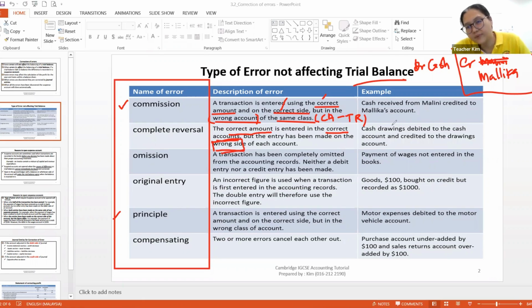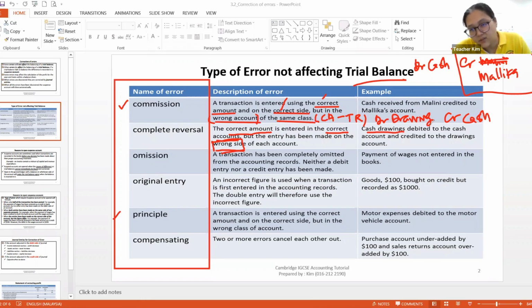For example here, cash drawing debited to the cash account and credited to the drawing account. By right, when we have the cash drawing, we should debit drawing and credit cash. But we made a mistake: we debited cash and credited drawing.